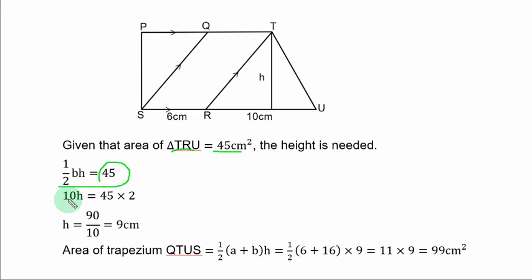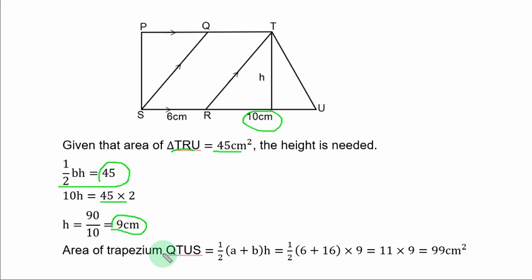The base of the triangle TRU is 10. So 10 times the height, unknown, equals 45 times 2. To get the height, divide both sides by 10. You have 90 over 10, and that is 9 centimeters.